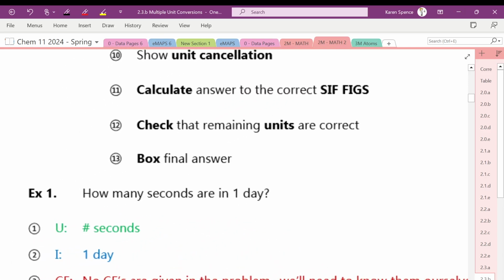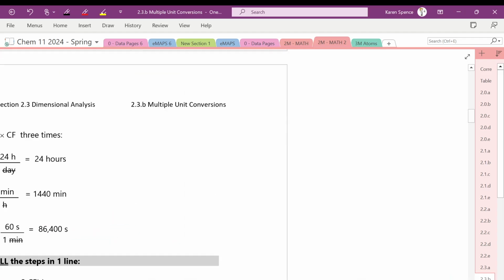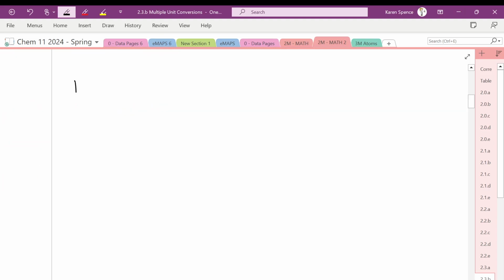So we are going to start with example 1. How many seconds are in 1 day? So this is on page 51. How many seconds are in 1 day?